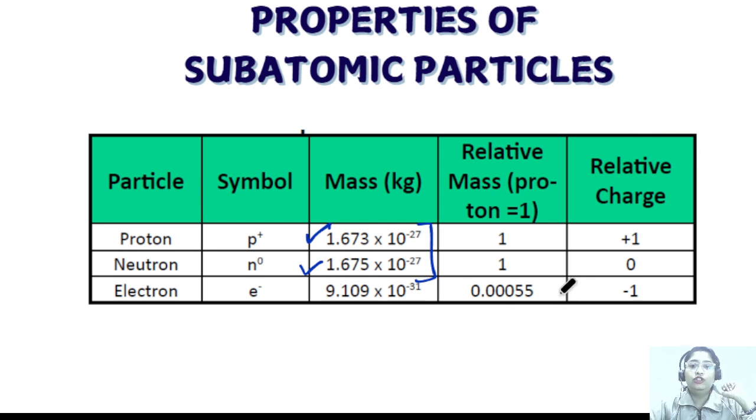So the electron has a relative mass that is very negligible. You can see the mass is so negligible, it's like 9.1 times 10 raised to the power minus 31.